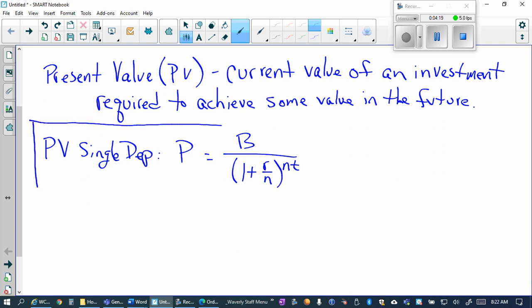This would be another formula for your note card. B, the top, is, let's say I wanted $1 million in 30 years, I would have 1 million on top of this fraction, and 30 for t, monthly is 12, etc.